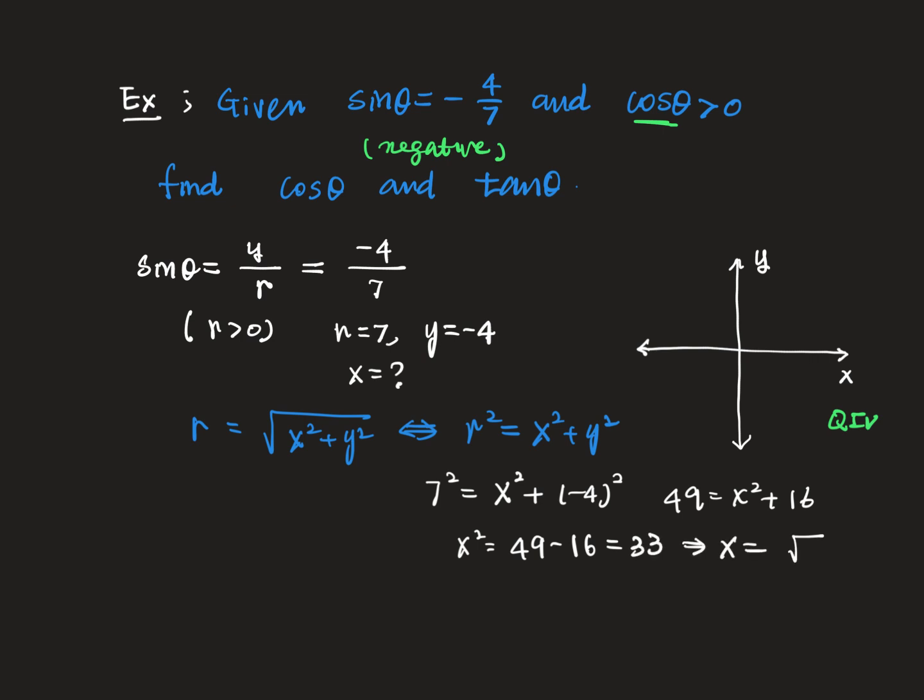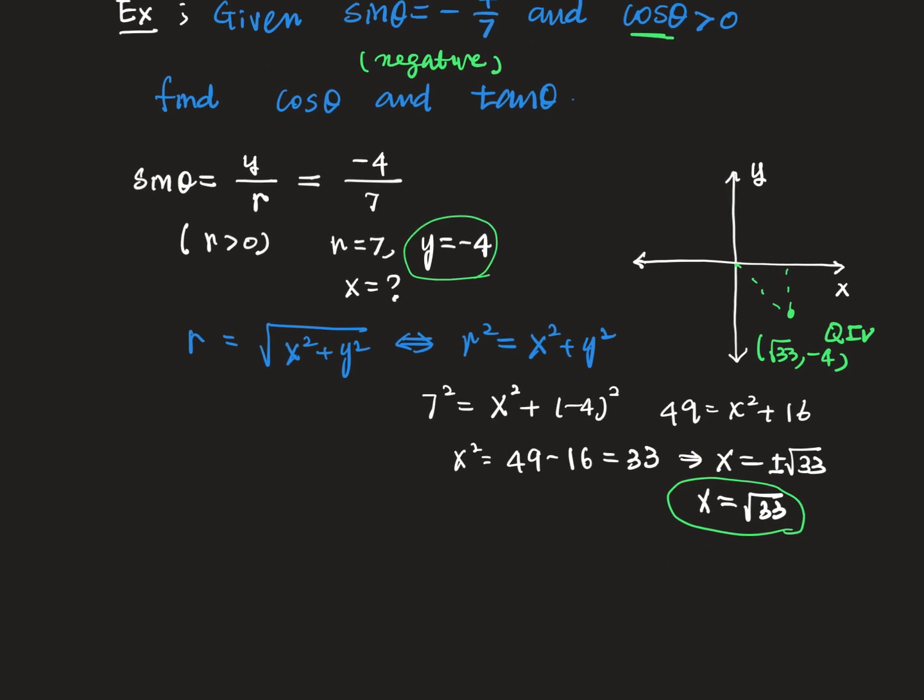X is the square root of 33, positive or negative. But we cannot take negative because that's quadrant 4. So x is the square root of 33. So you find the two values, guys. Look at this. X value is square root 33, y value is negative 4. That's quadrant 4. Here, square root 33, negative 4. You find the point.